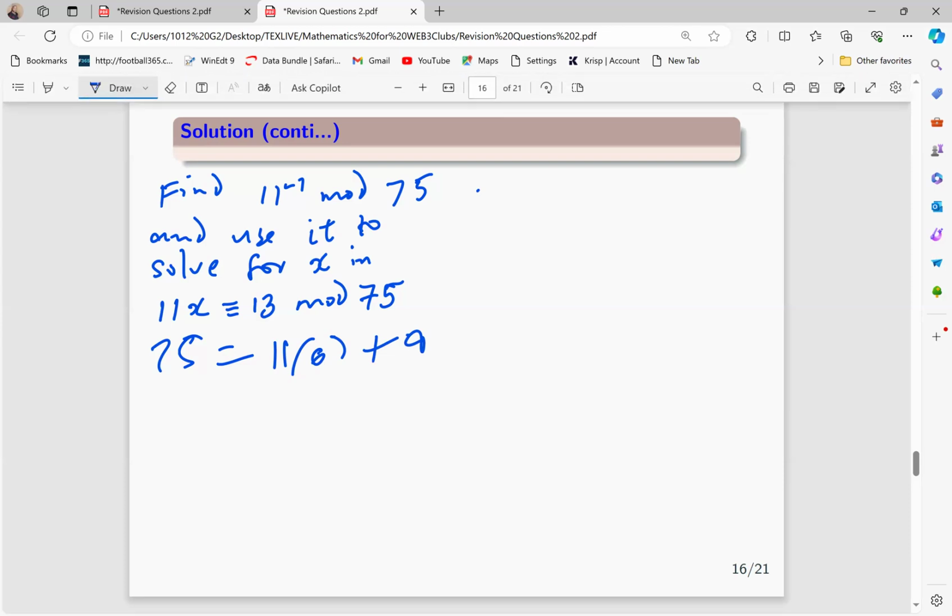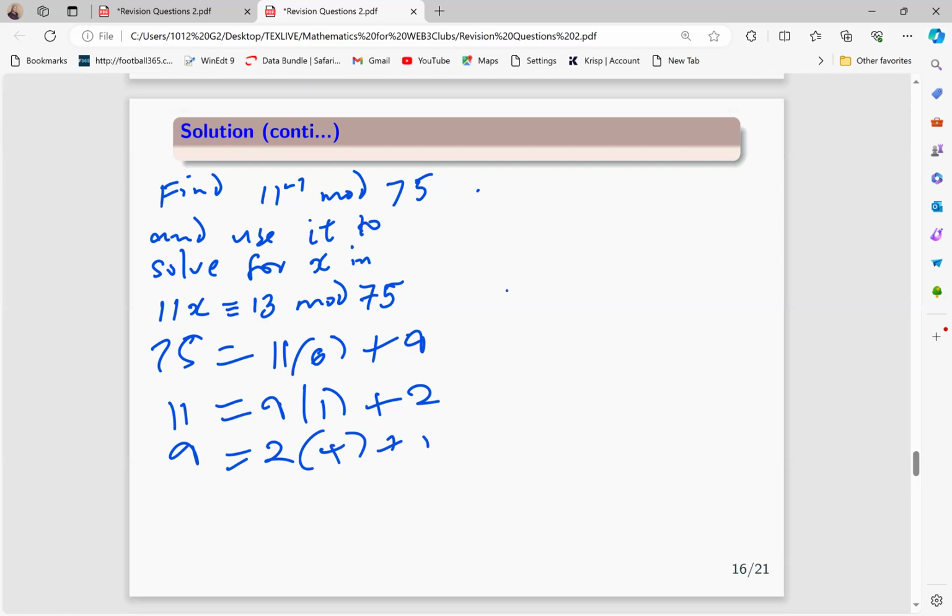Then we take that 9 and 11 and make 9 the primary, and 9 goes into 11 one time, and then remainder 2. Then 2 goes into 9 four times, and then the remainder is 1. And then we get the GCD.